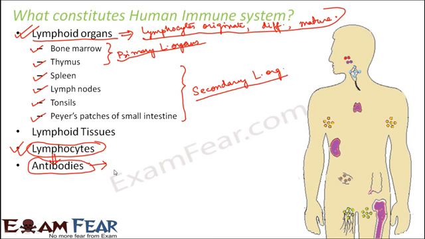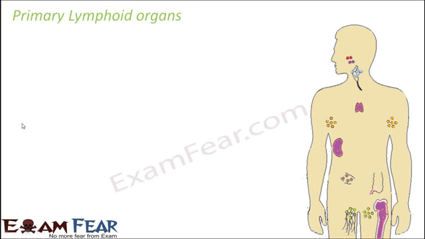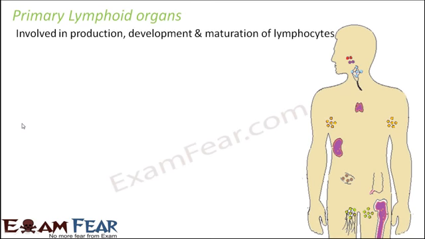Now we are going to talk about each of these organs and see how they participate in the process of immunity. Let us start with the primary lymphoid organs, bone marrow and thymus.